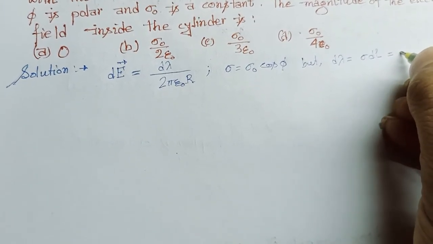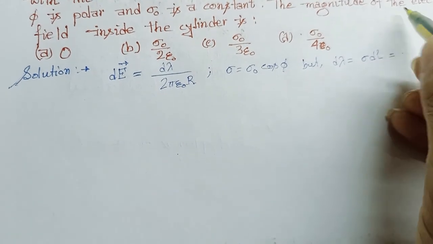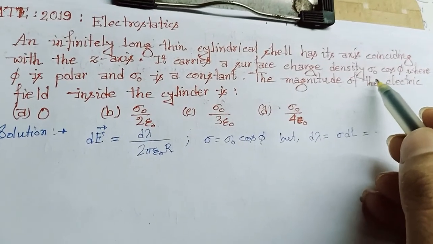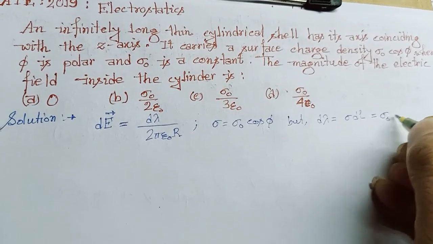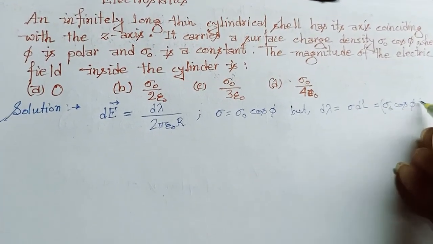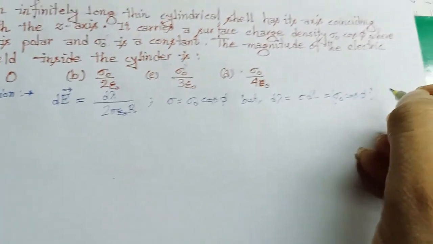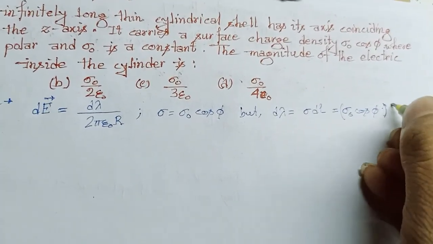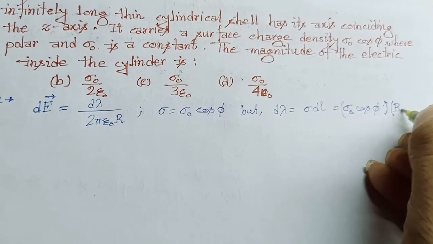So you can write this as sigma naught cos phi into the value of dl. The value of dl is r d phi.